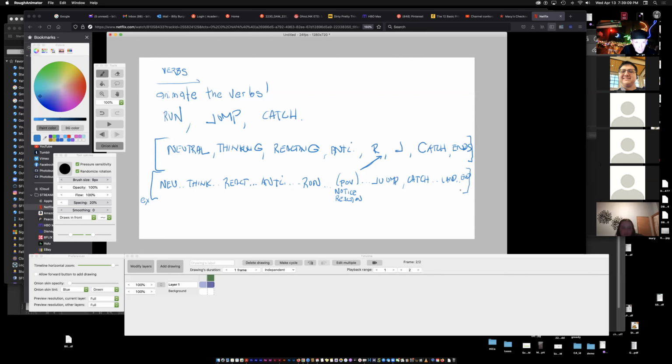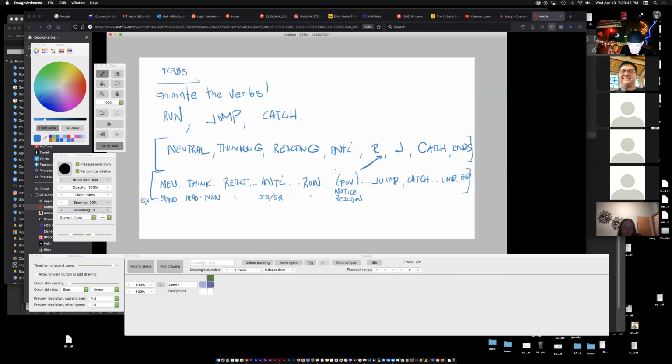All right, with this example though, I think we can start building out what we think our character is going to do. So in this neutral, what are they doing? Are they standing? Is there a head turn? And then the reaction, right? And then with this anticipation, it's going to have a little squash, a little stretch in it before it goes into the run.